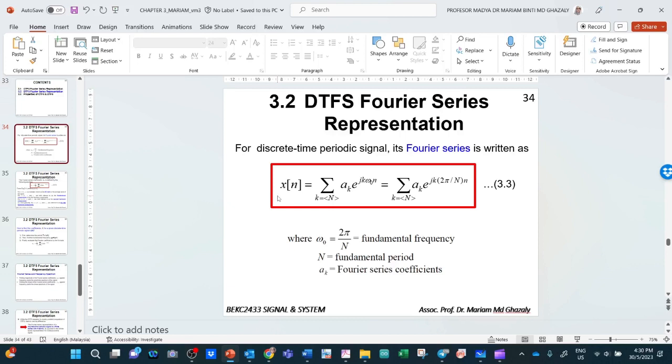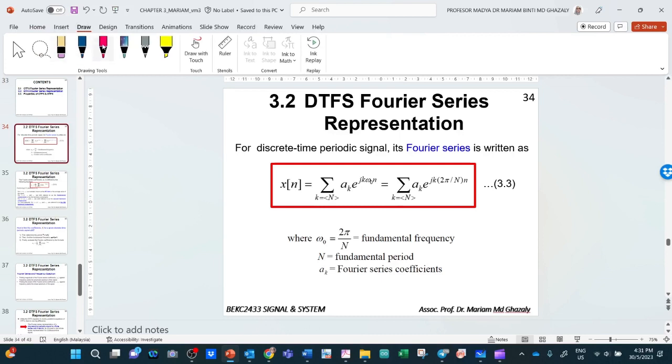So if you remember, this is the discrete time Fourier series, and then we have here the continuous time Fourier series. So for the continuous time Fourier series, the equation is given by, what was it?